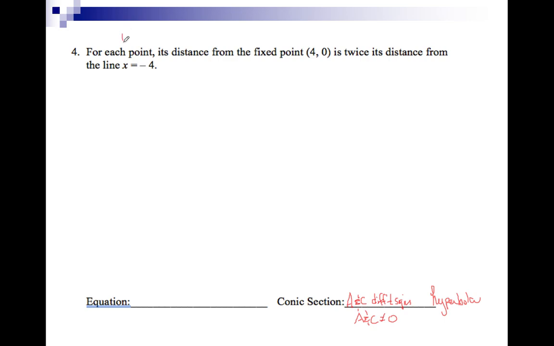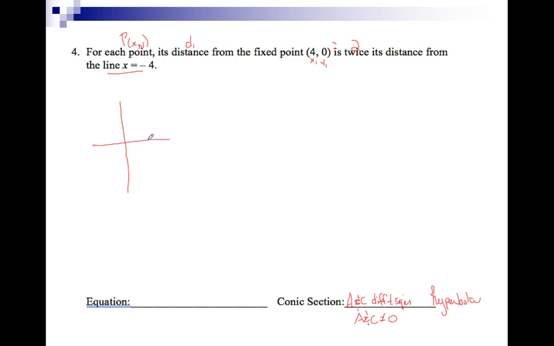So for each random point, I don't know the x or the y coordinate, that point's distance from a fixed point whose x and y I know is twice its distance from a line.